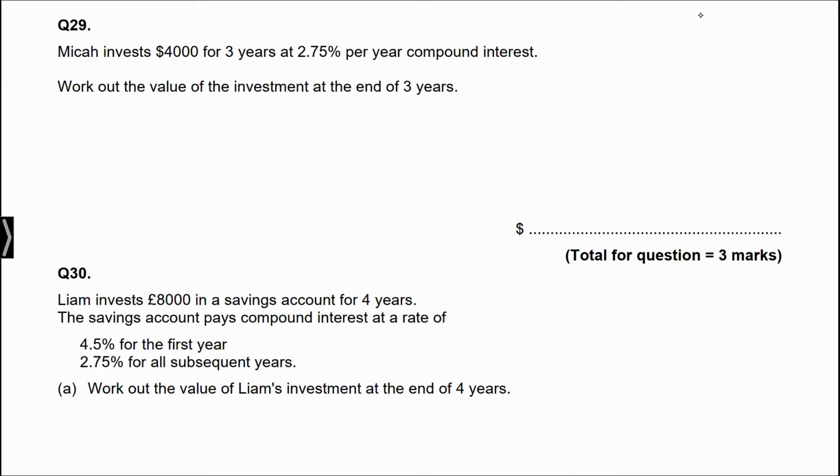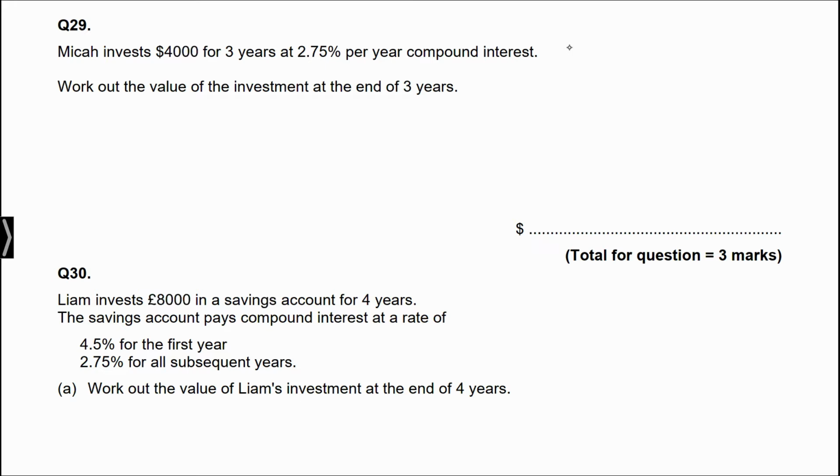So in number 29, we are informed that Mika invests $4,000 for 3 years at a rate of 2.75% per year compound interest. So we are required to work out the value of the investment at the end of 3 years.